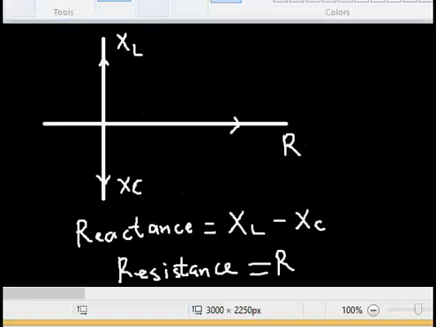Now the impedance is going to be the resultant of these two.